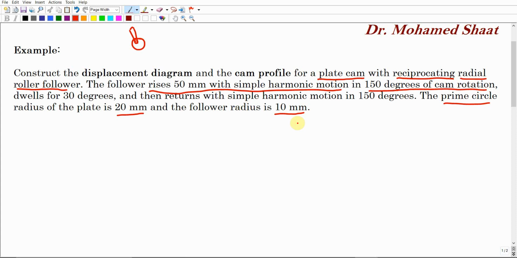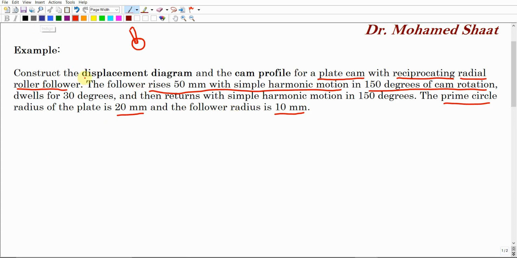If you remember, for any type of motion of the follower, as we discussed before, we should specify two things: the lift, which we refer to as L, plus theta, which is the part of the angles of rotation of the cam needed to execute this type of motion, which is the simple harmonic motion, as it already tells us here, that the follower is going to rise first.